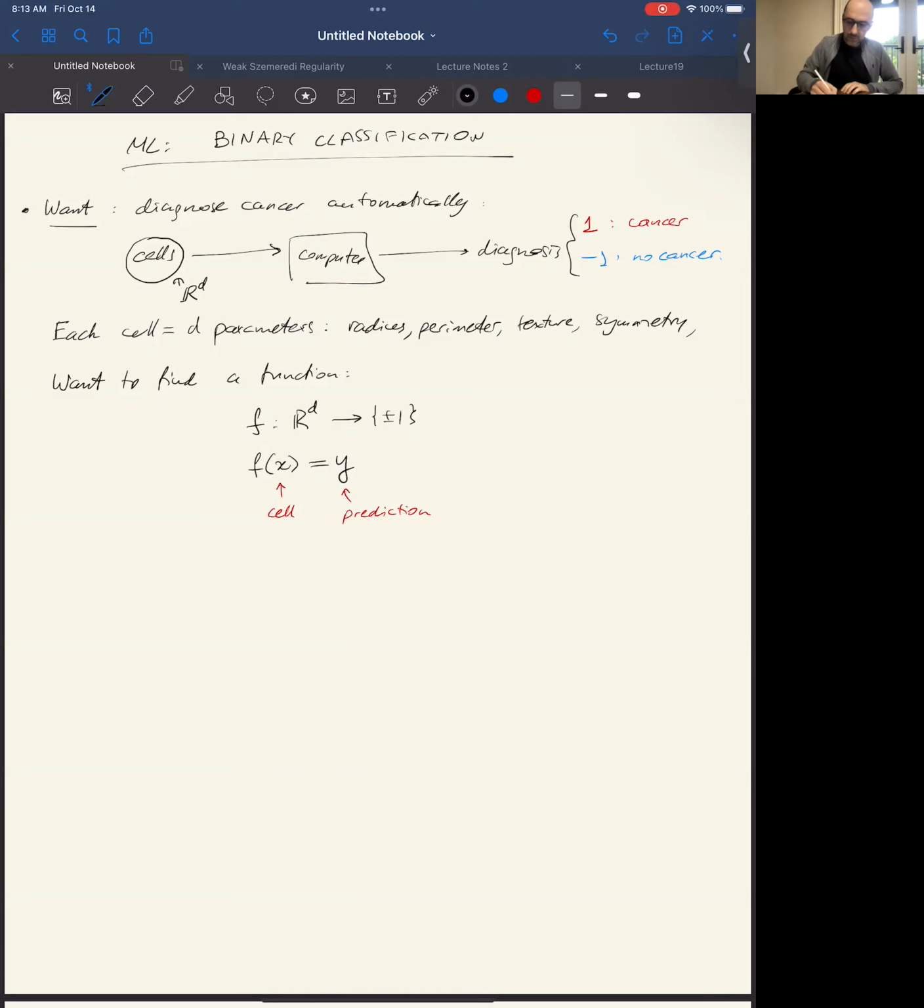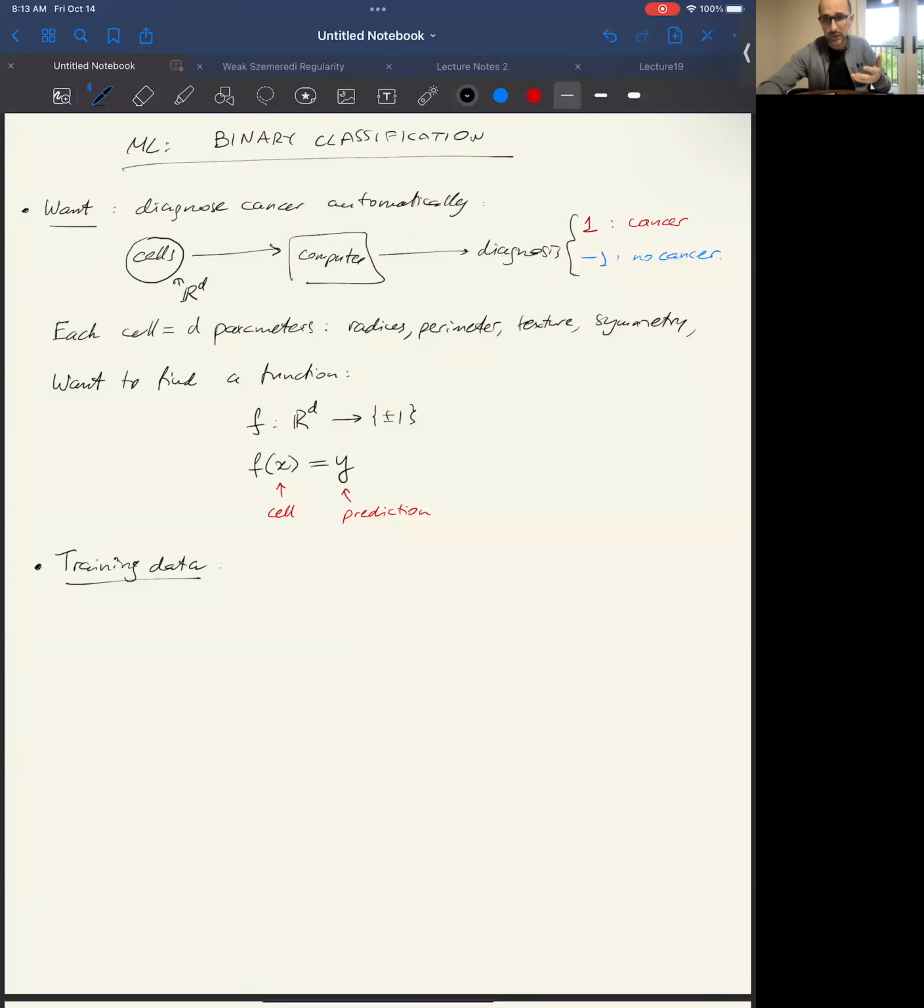So machine learning involves a preliminary stage, which is learning, right? How do we actually learn? How do we make the computer learn the diagnosis? For this, we need training data. So the doctors came and asked you, please build this diagnostic machine, and we respond, okay, you give us some training data.